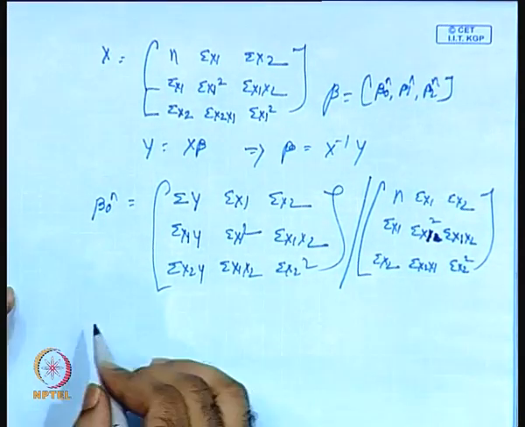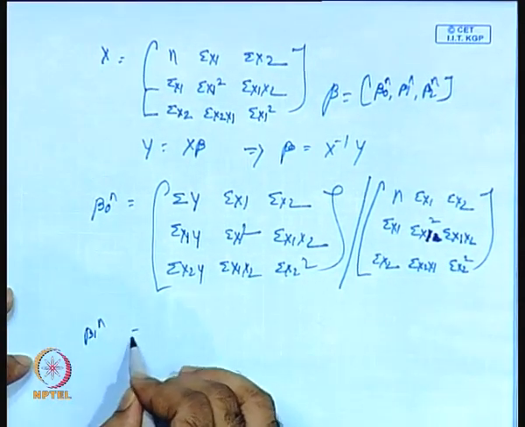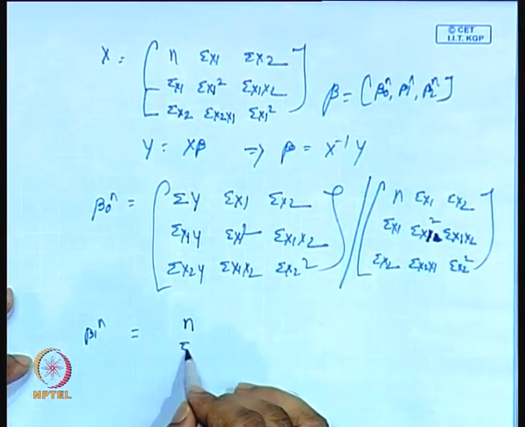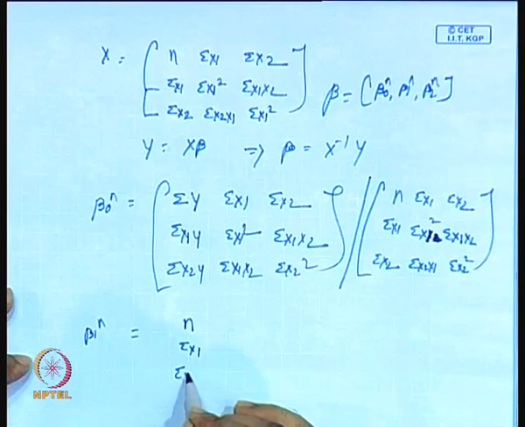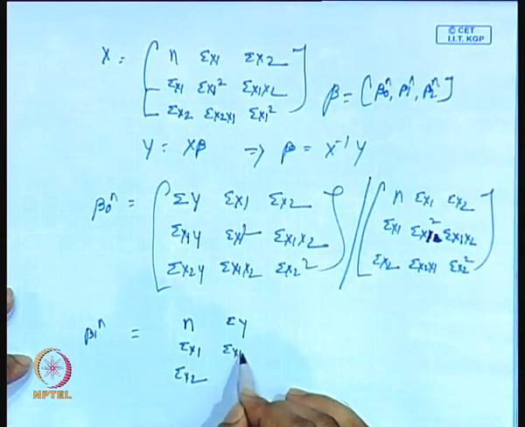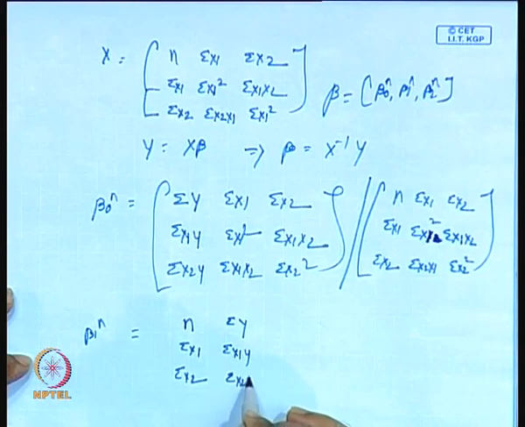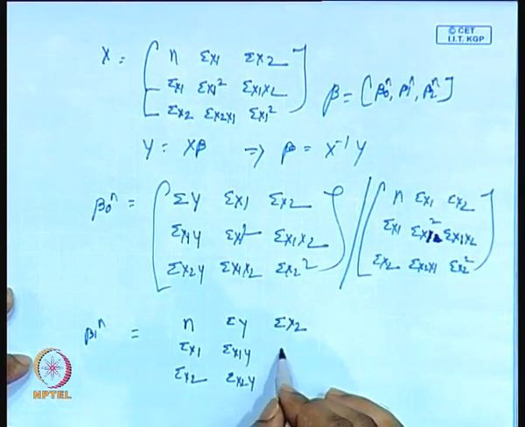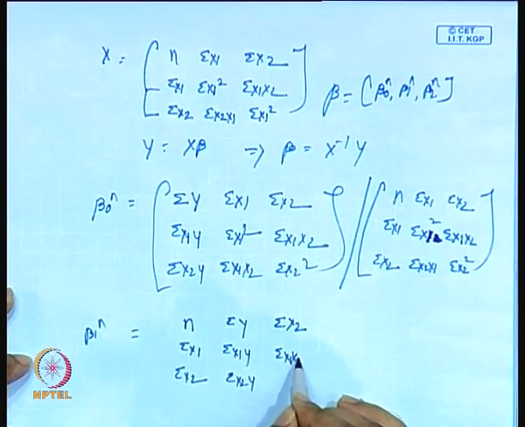So now beta 1 head is equal to n, summation x1, summation x2, then summation y, summation x1 y, summation x2 y, then summation x2, summation x1 x2, summation x2 squares, okay.